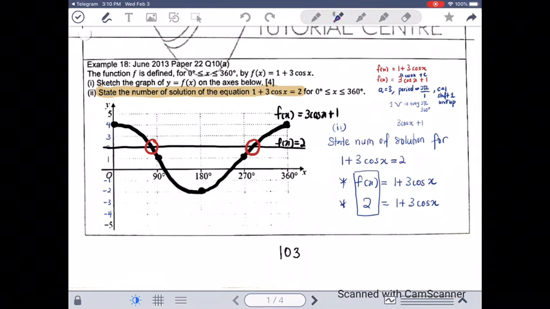Therefore, the number of solutions for this is equal to 2. Okay, so that is your answer. Or maybe I should write it something like this. Number of solutions is equal to 2.